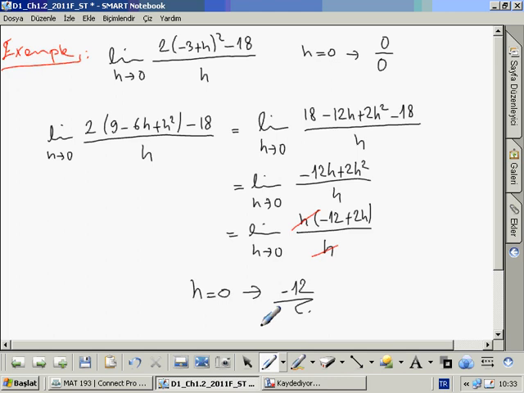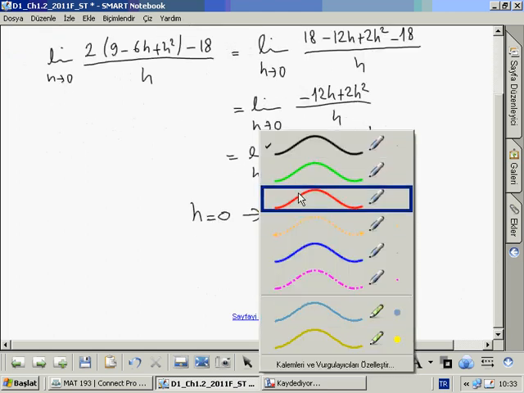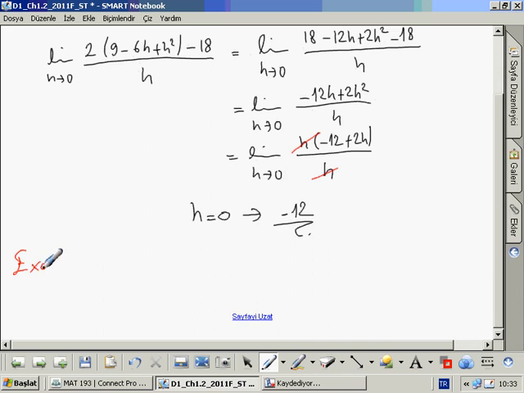Now let's continue with another example. The limit as t goes to 4 of (t minus the square root of 3t plus 4) over (4 minus t).